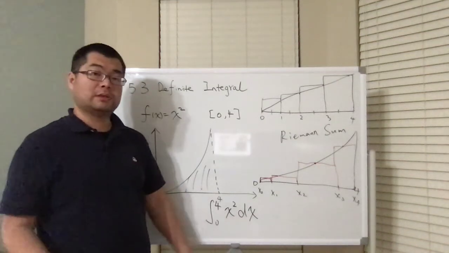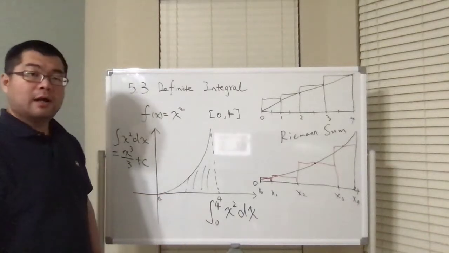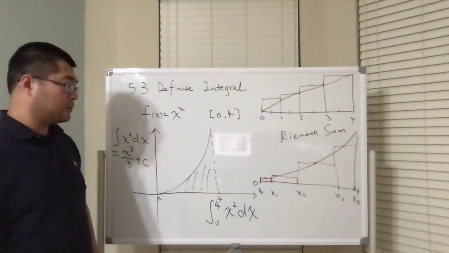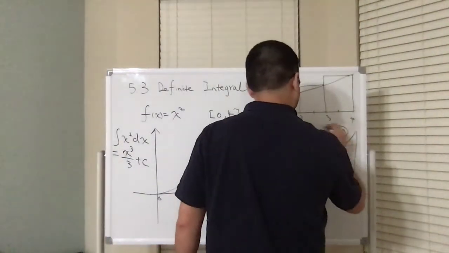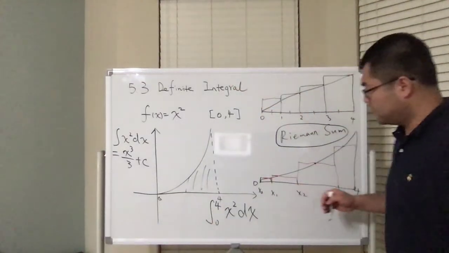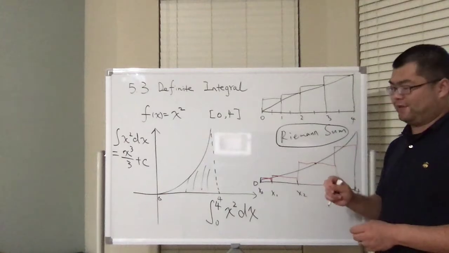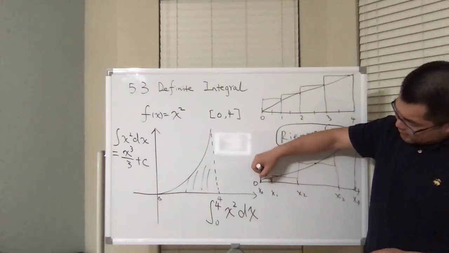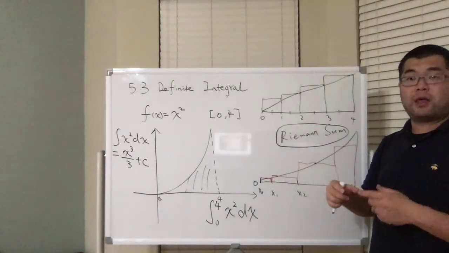Okay, x squared dx here. And how do we do this? This is something we are going to learn in 5.4, but I just want you to know the basic idea. The Riemann sum, guys, is this: you partition the interval, no matter whether evenly or unevenly, you pick any height inside each interval, and you add all of this together.